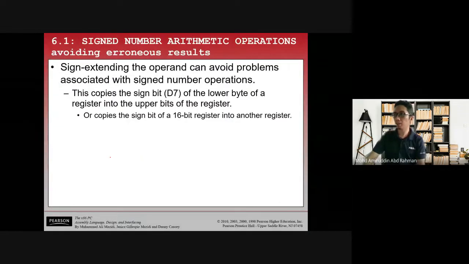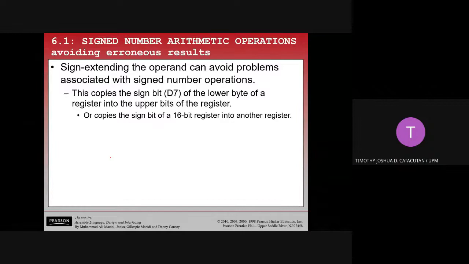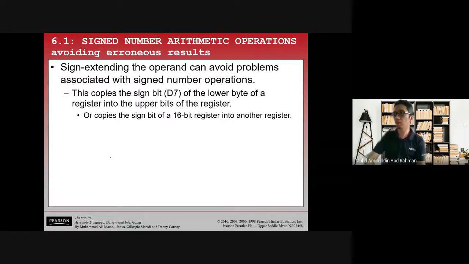All right, so in order to avoid the error, we don't want OF equal to 1. What we need to do is copy the sign bit into another register. It can be done as well.